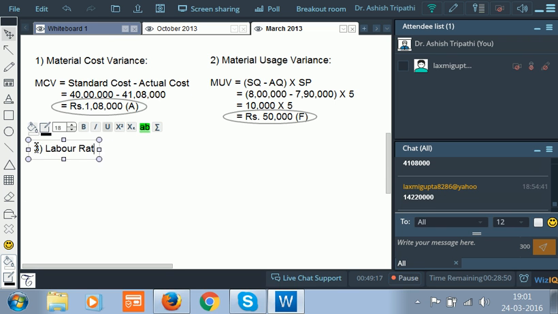The third thing that we will have to calculate is labor rate variance. So the formula for labor rate variance is equal to standard rate minus actual rate into actual hours.